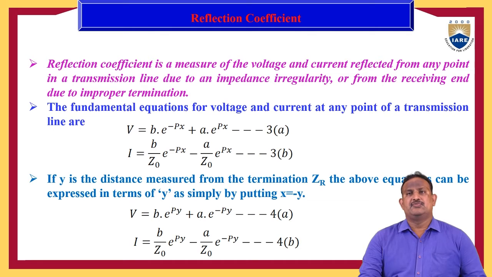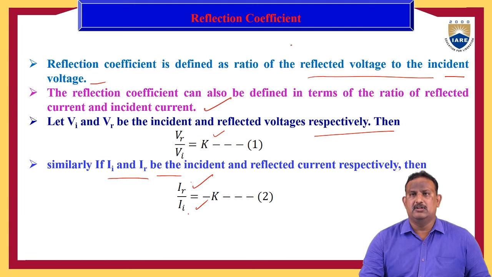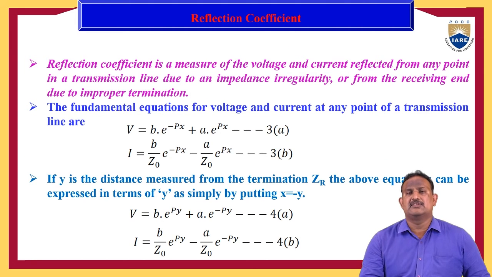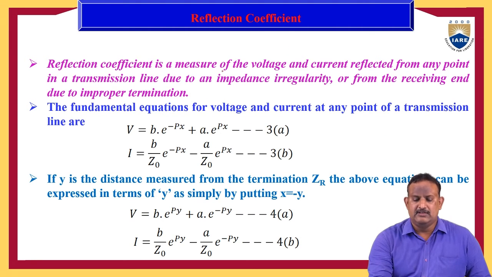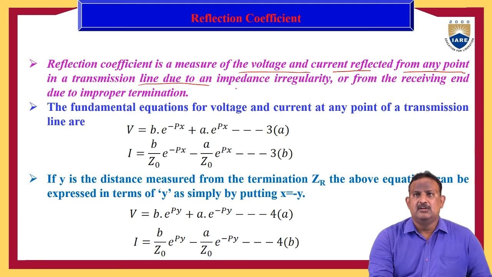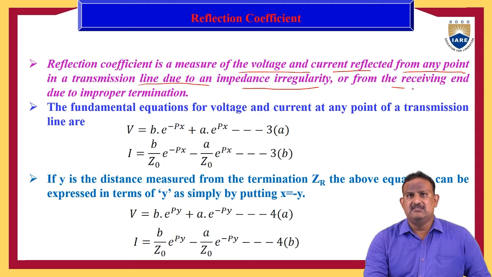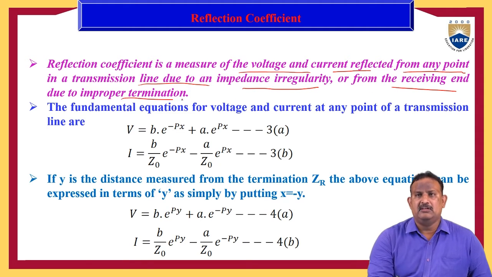Now we can define the reflection coefficient as a measure of voltage and current reflected from any point in a transmission line due to impedance irregularity, or from the receiving end due to improper termination.